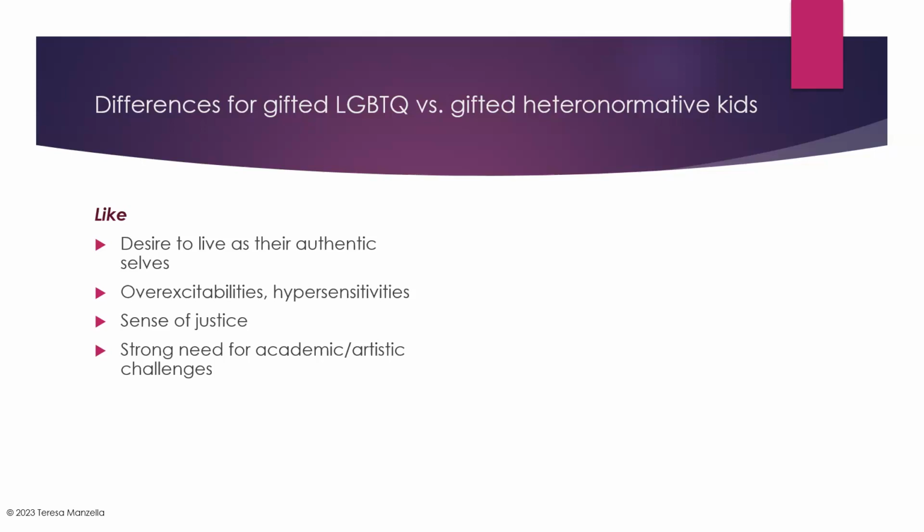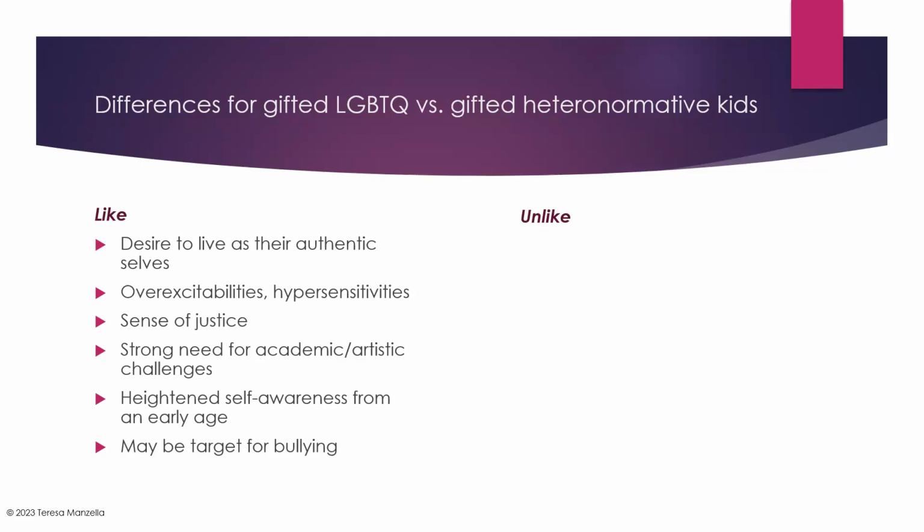They have a strong sense of justice, a strong need for academic and artistic challenges, heightened self-awareness from an early age, and they may be a target for bullying. Gifted kids who were straight and cisgender have also been suicidal and attempted suicide as a result of being bullied for being gifted.